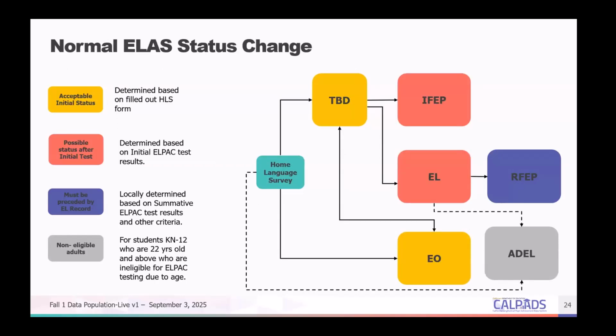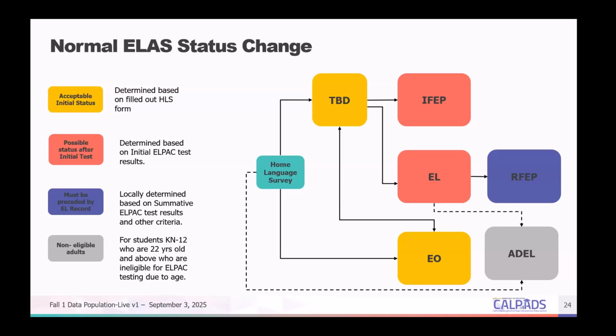In this slide, this chart shows a logical sequence of ELAS codes. The first step for an LEA to take regarding ELAS is to distribute and collect the home language survey for students. The home language survey should be administered to a student only one time, upon the student's initial enrollment in a California public school.